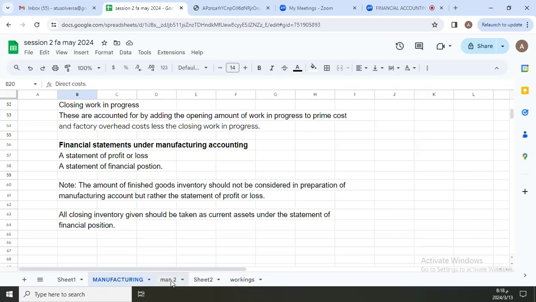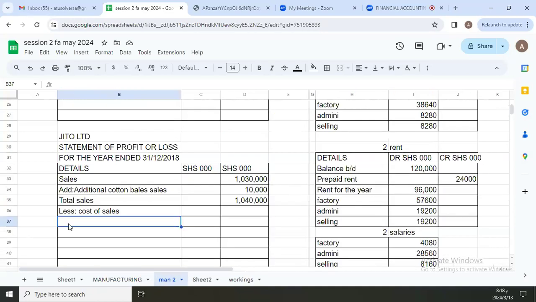Therefore, we are saying that closing inventory under the manufacturing account equals opening inventory of finished goods.